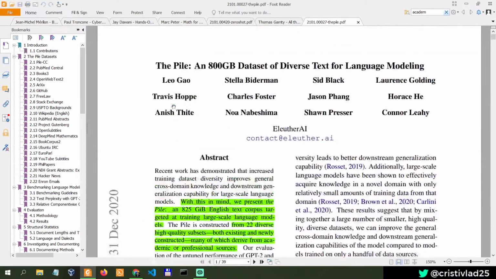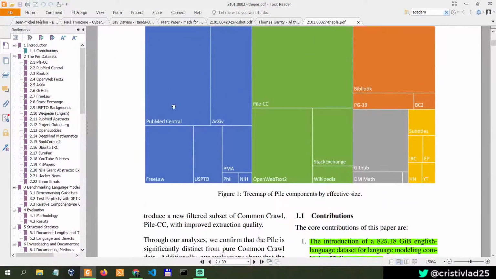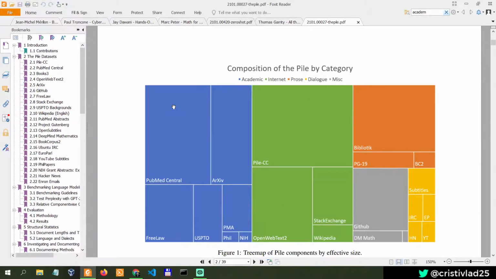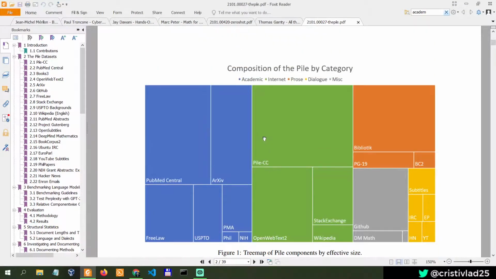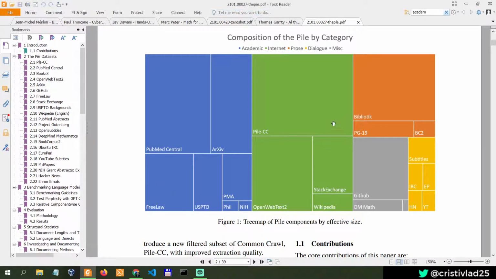As we've seen previously, this is, in my view, one of the best, if not the best, curated 800 gigabyte data sets that can be used to train language models. And while I say it's well curated, see the distribution of sources or data sets here.